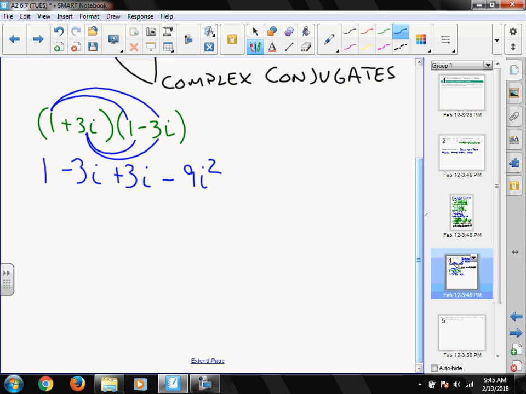If I have negative 3i plus 3i, what happens? Cancel out. And anybody remember anything special about i squared? Negative 1. i squared is negative 1.